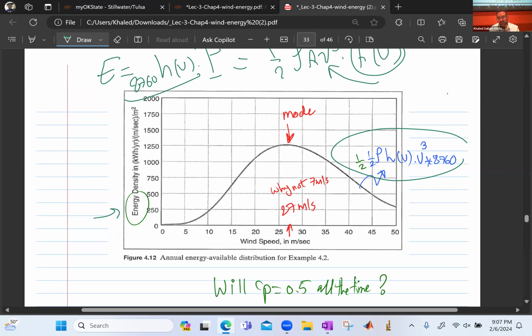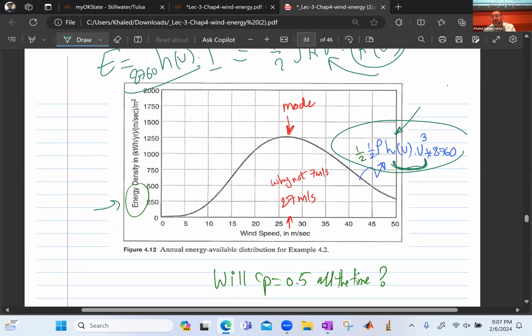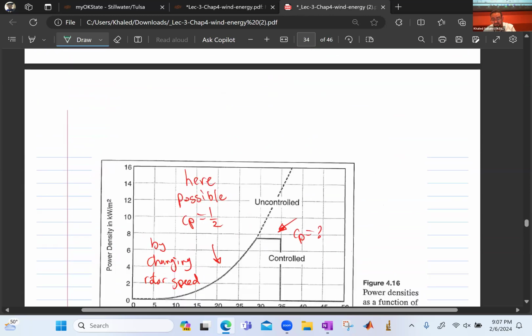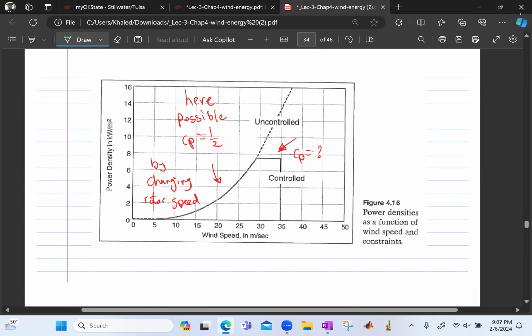Okay? So having that distribution allows you to get the average velocity, the average power, and it also allows you to get the energy available. Right? Make sense?